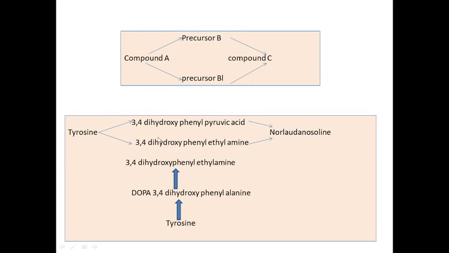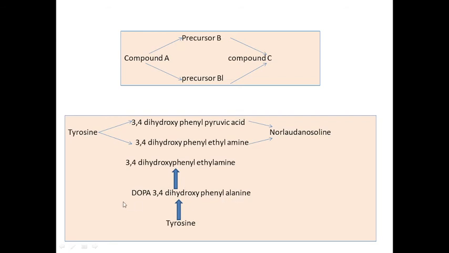Here the example of tyrosine is given. Tyrosine is converted into norlaudanosoline through 3,4-dihydroxyphenyl pyruvic acid. For that, tyrosine is converted into DOPA, 3,4-dihydroxyphenylalanine.